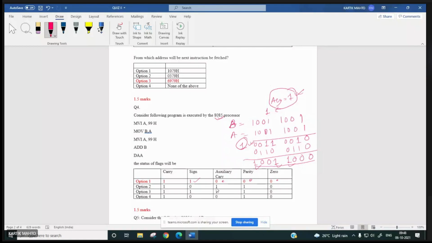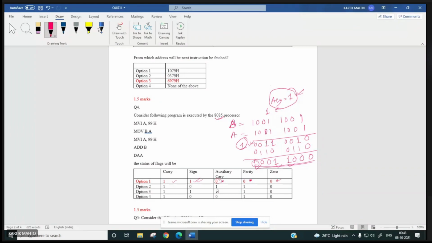Maybe the status of flags will be: carry flag is set, sign flag will be set because D7 is 1, parity will be 0 because the number of ones in the accumulator finally is 3, zero flag will be 0.